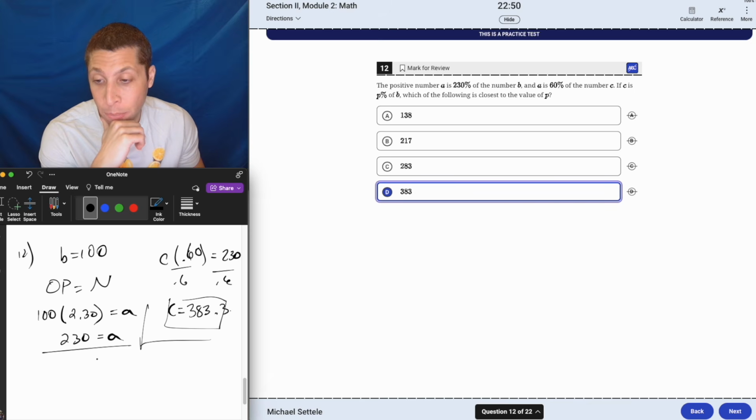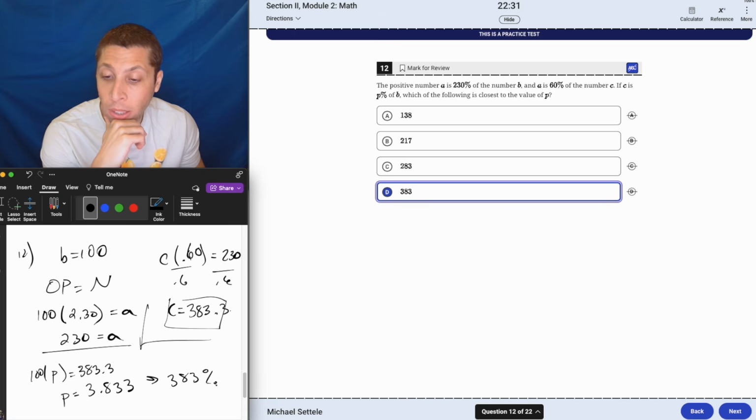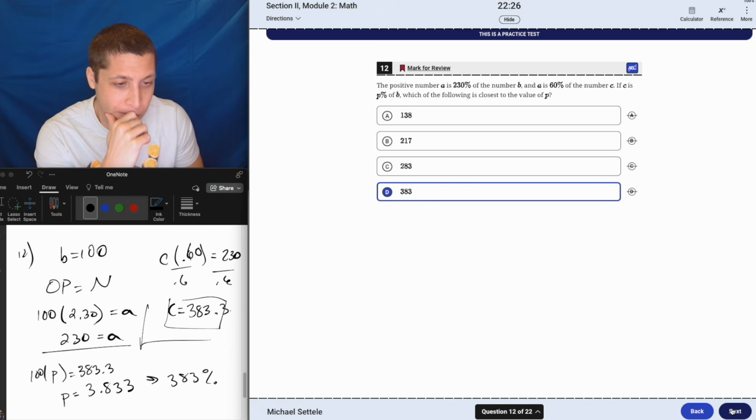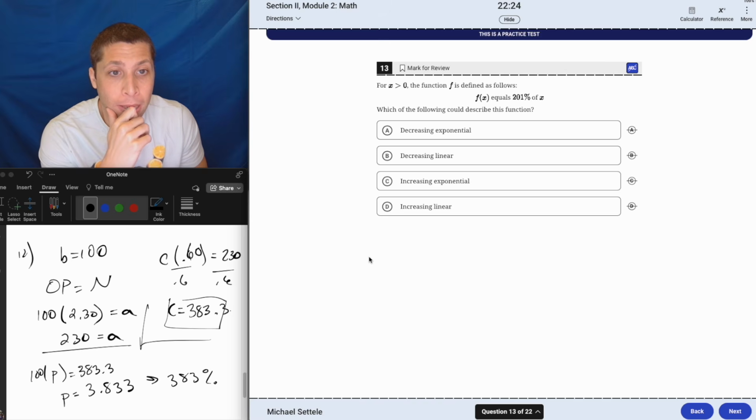C is P% of B. So 383.3 of B. So B is 100, and we don't know the value of P. So you're dividing, P is 3.833, but then that's as a decimal, so you have to multiply it by 100 again to get back to a percent, so 383%. Possible I messed up, but I know what I'm doing, I guess. I've seen this question. This is a good example. If you got it wrong and fell for the trap the first time, hopefully, if this is your second time seeing this question, you don't fall for the trap.